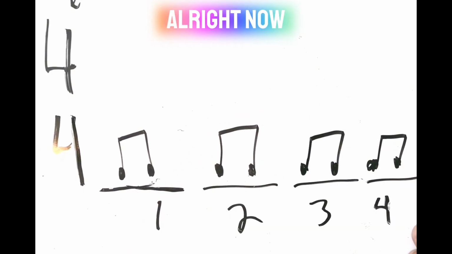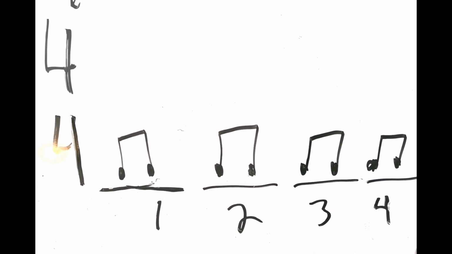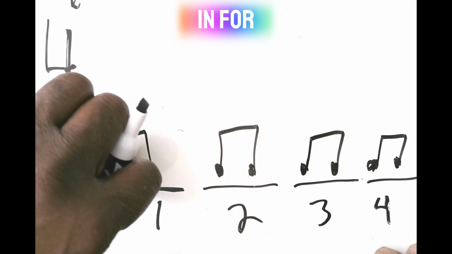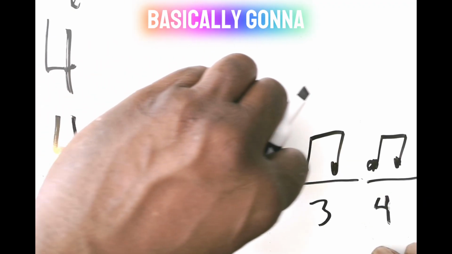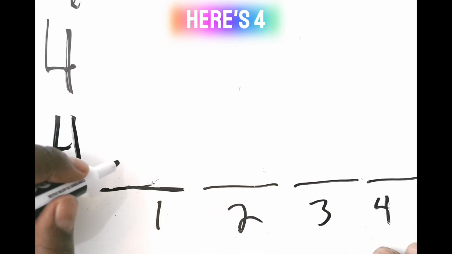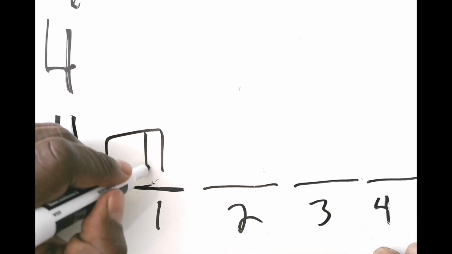All right. Now, all of these again are equal to 4 beats. Each one of these is equal to 1 beat. And so the last one that we did was 16th notes. Let me write those in for you. And we're basically going to start building rhythms based on that. All right. So here's 4 16th notes.